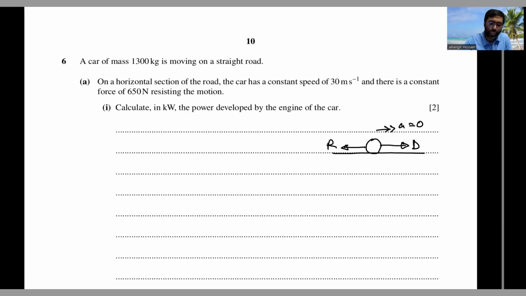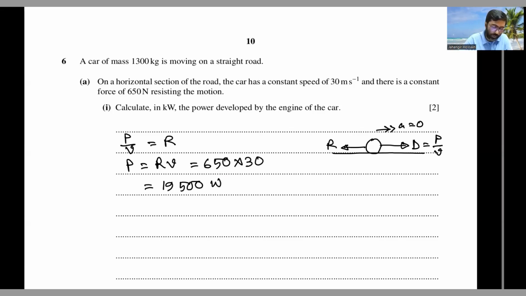And remember, the forward driving force is equal to P, the power developed by the engine, divided by the speed V. So we have P by V equal to R. So P equals R into V. R is here 650 and V is 30, which gives the power, and you have to give it in kilowatts, and it is 19,500 watts. So in kilowatts, it is 19.5 kilowatts.